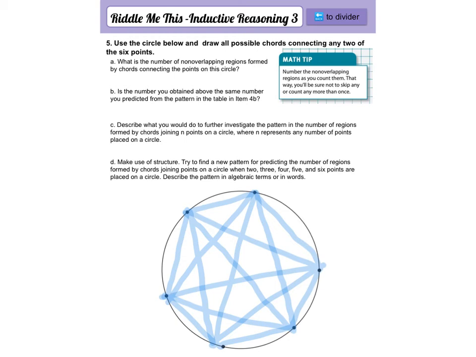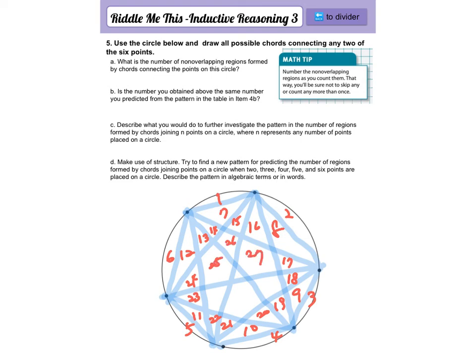So let's count. 1, 2, 3, 4, 5, 6, 7, 8, 9, 10, 11, 12, 13, 14, 15, 16, 17, 18, 19, 20, 21, 22, 23, 24, 25, 26, 27, 28, 29, 30, and the last one in the middle, that little triangle, 31. So we have 31 non-overlapping regions.